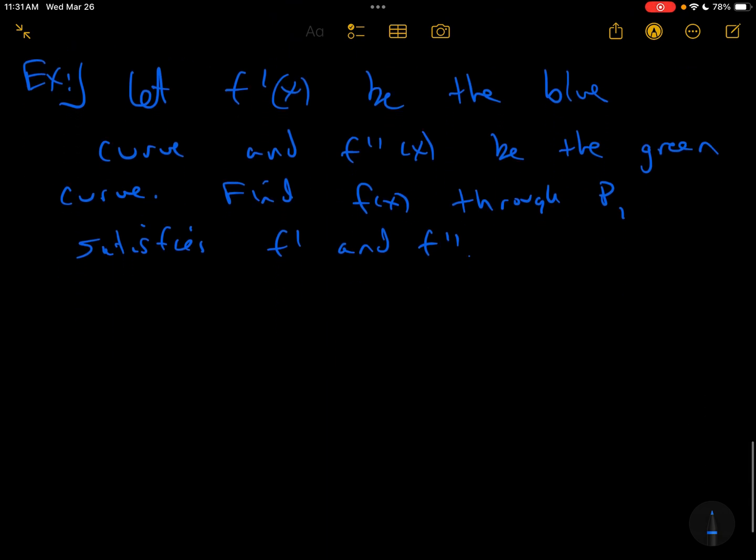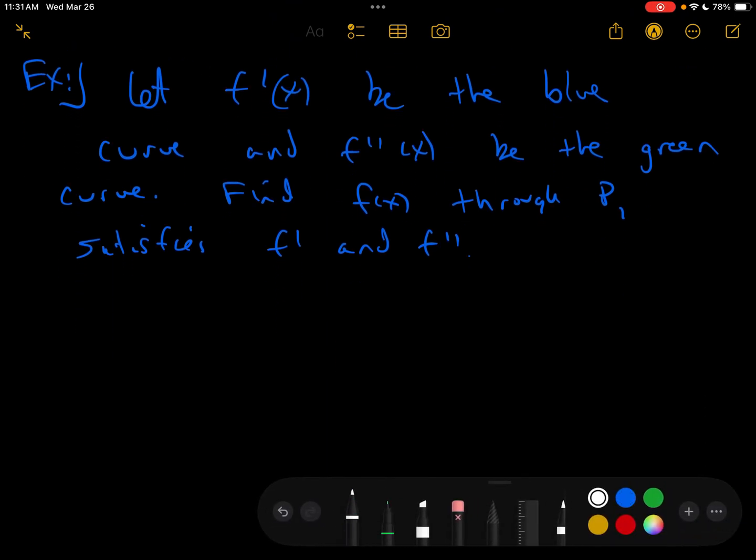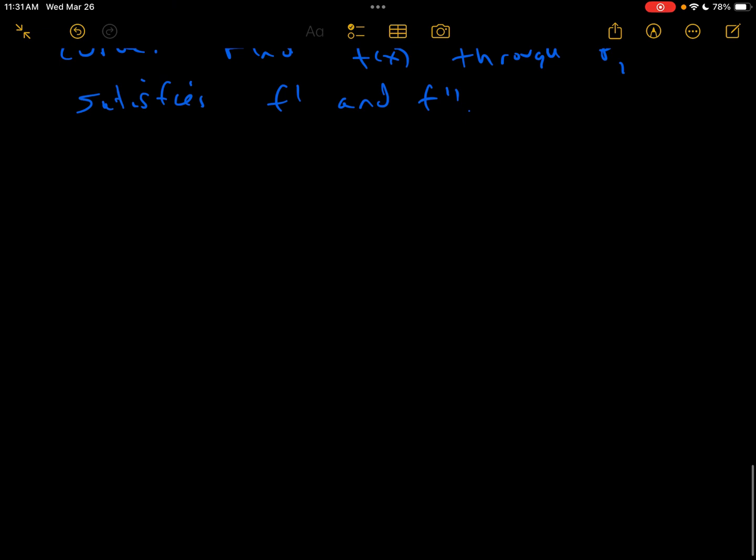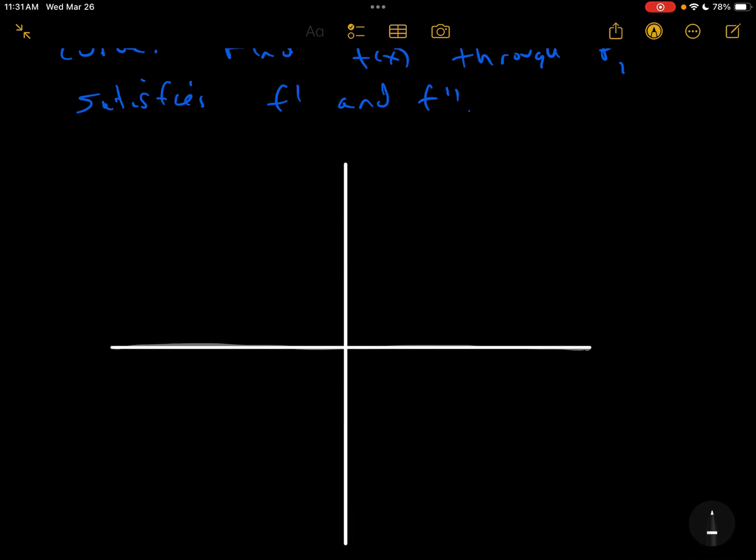Okay, so here I'm going to make my axes white. I'm going to put in minus 2 and 2, and I'm going to put in the point P on the y-axis.